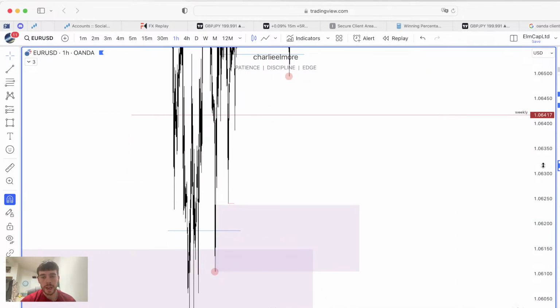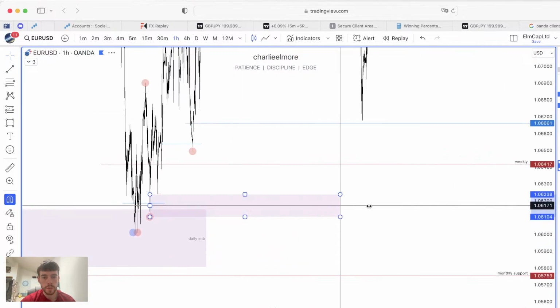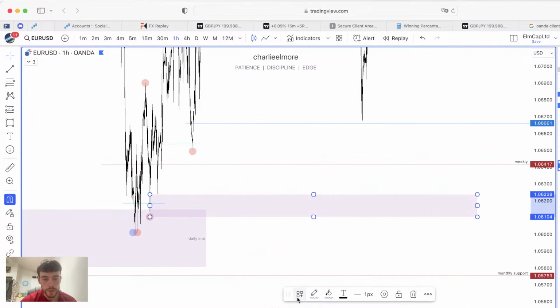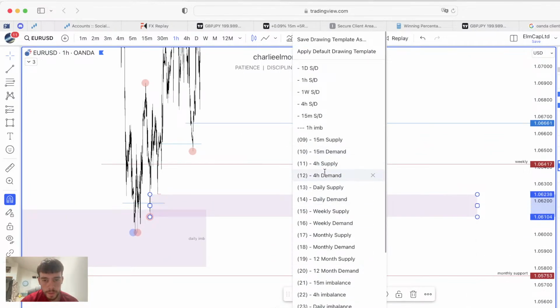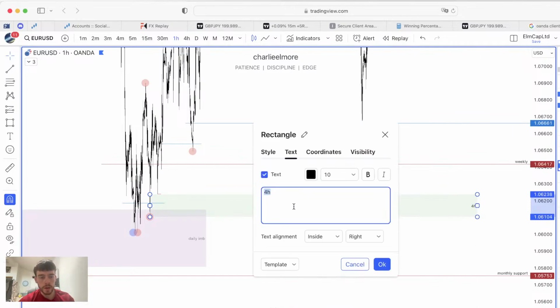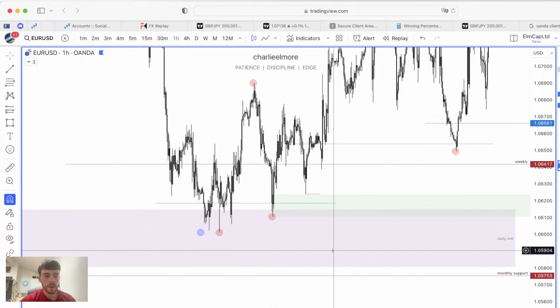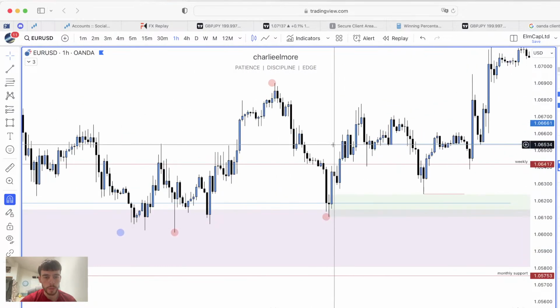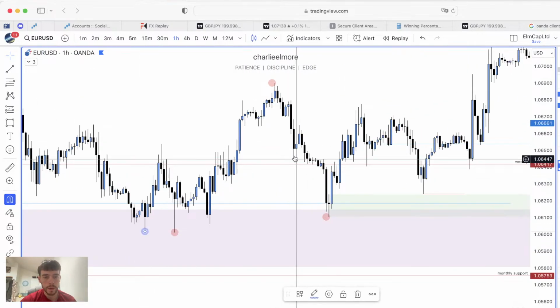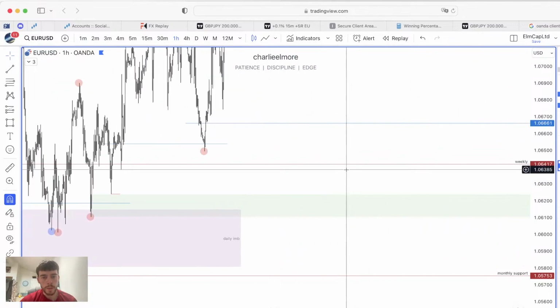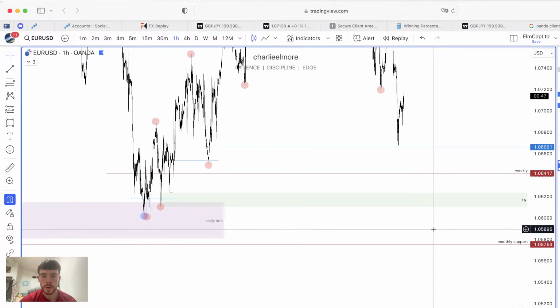So that could be the catalyst, what price reacts from, if it was to do what we've just spoken about. So this is a 1 hour demand right now. So the bearish candle before the bullish move. So that's quite interesting. I'm going to leave that on my charts, just see what we do.